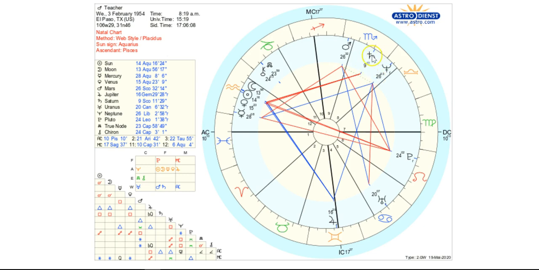And Saturn is also in the 9th house, right? The 9th house is the house of teaching, especially higher learning, and he was a teacher at an institute of higher learning. Further, Mars is in its own sign of Scorpio. Mars is very strong.